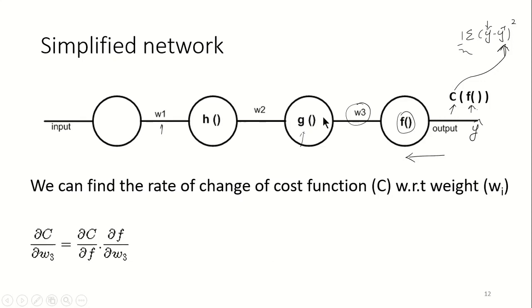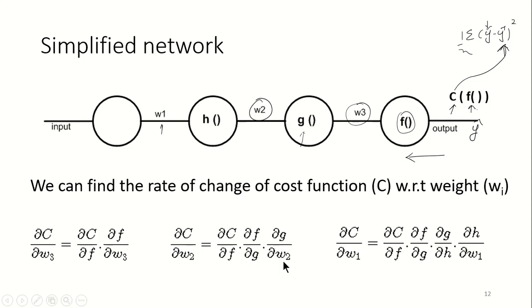Then we have to find out the derivative with respect to W2, that is dou C by dou W2. So in this path we have dou C is depending on F, so we have to find out dou C by dou F, and dou F is depending on G, so dou F by dou G, and dou G by dou W2.